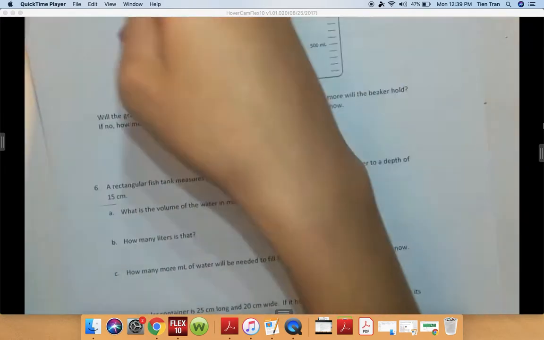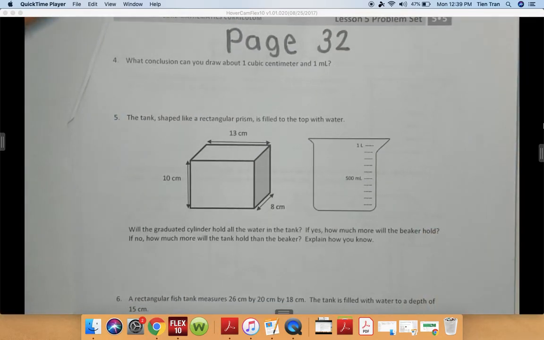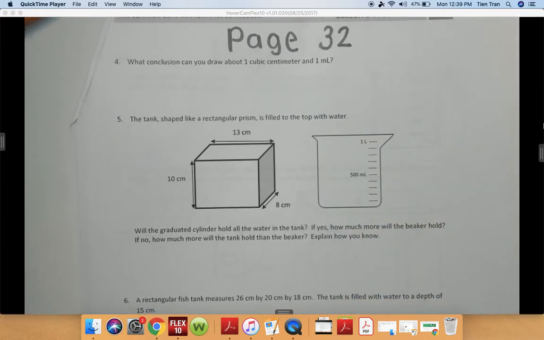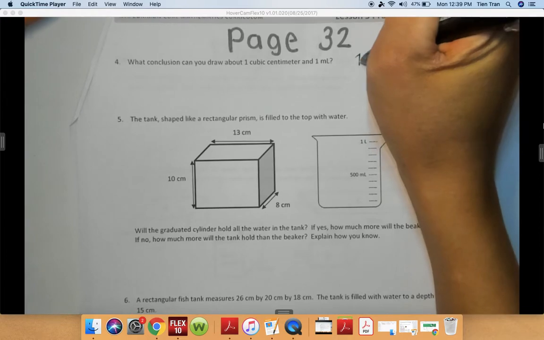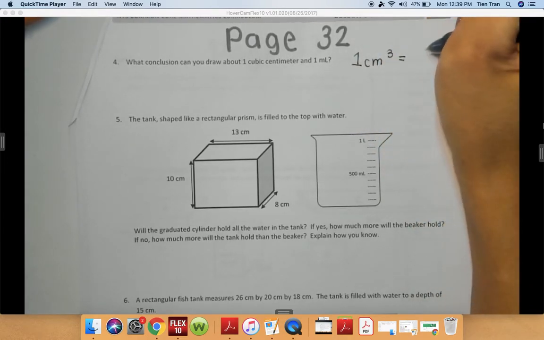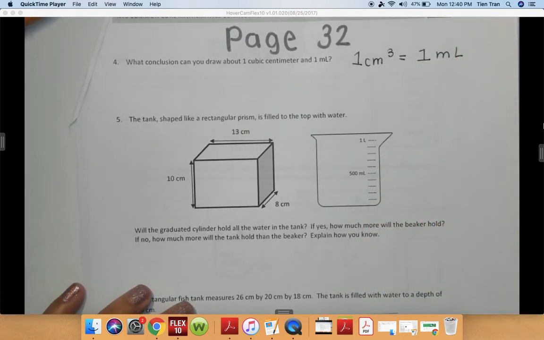This is page 32. Page 32 says, what conclusions can you draw about 1 cubic centimeter and 1 milliliter? So 1 cubic centimeter and 1 milliliter are exactly the same, right? So 1 centimeter cube is exactly the same as 1 milliliter. I'm going to write that explanation.